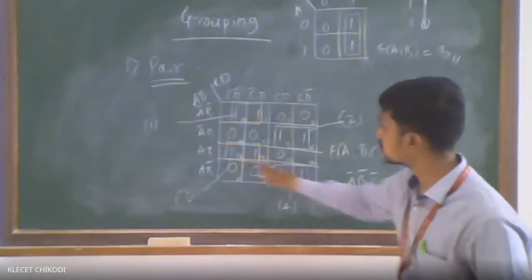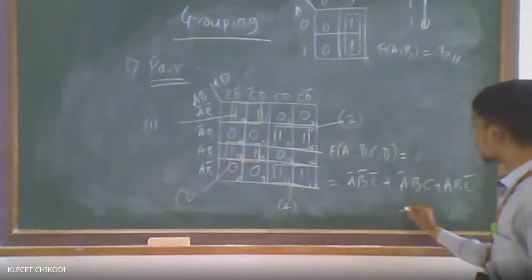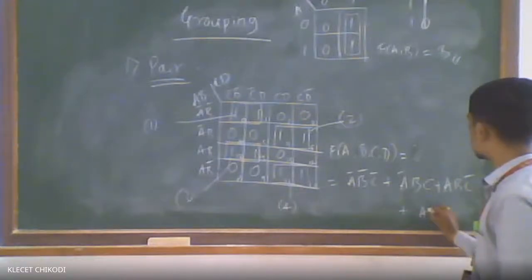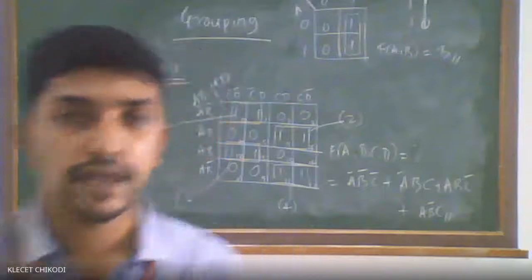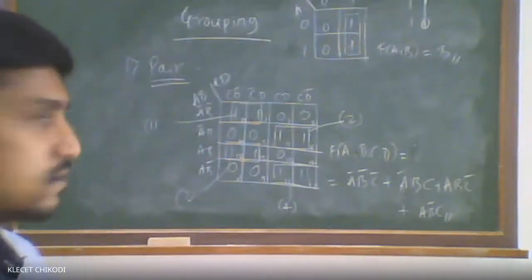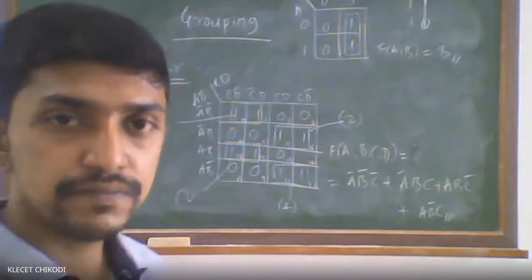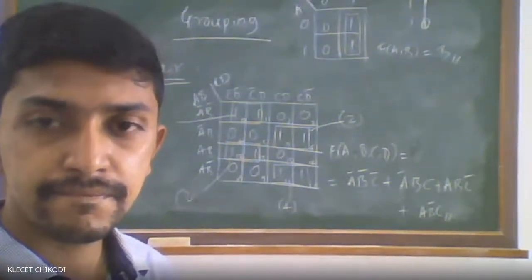And the third one is A, B, C bar. And the last one is A, B bar, C. So this is the minimizer expression. Is it clear? Is it clear till now? Fine.